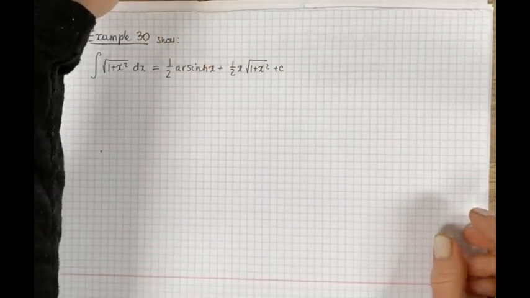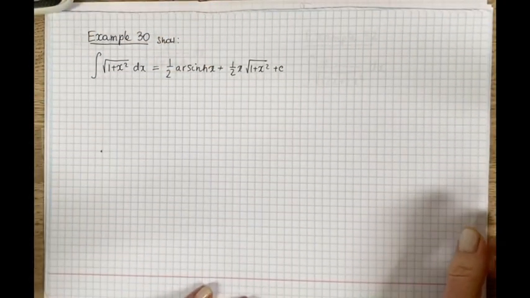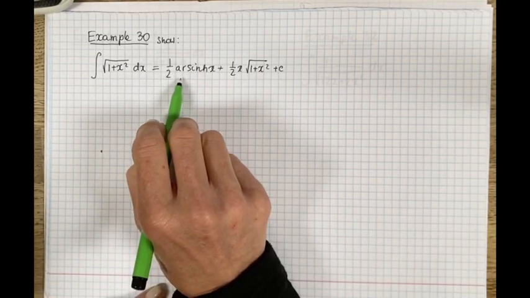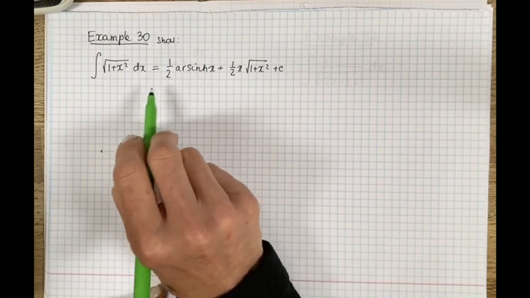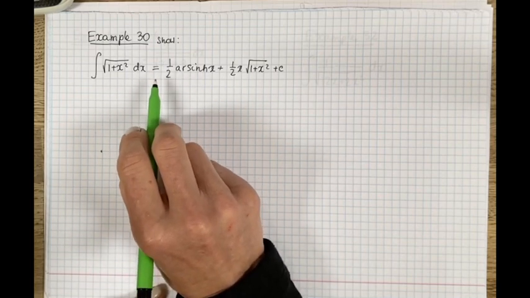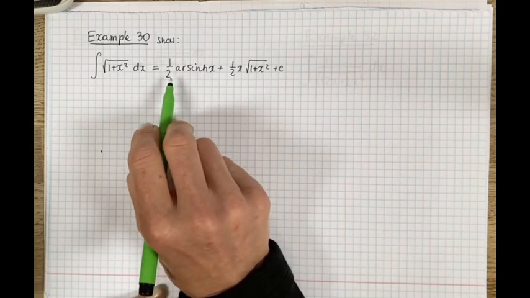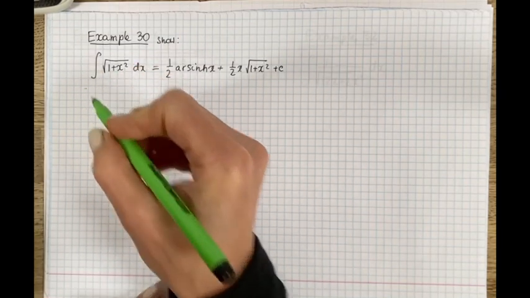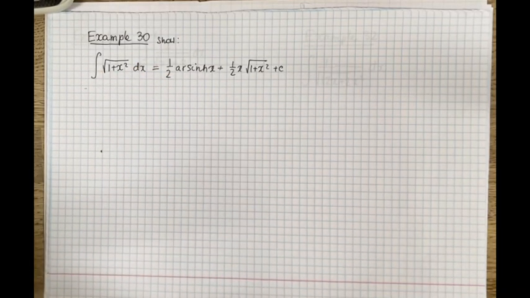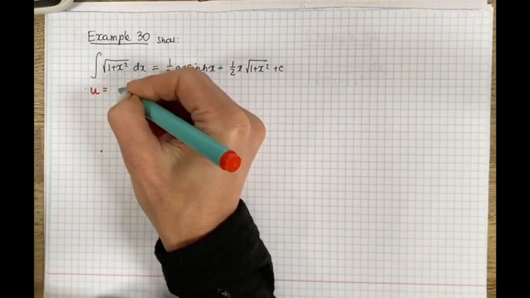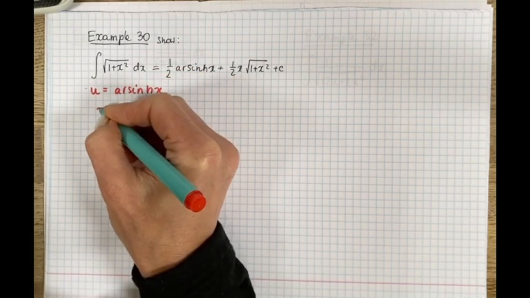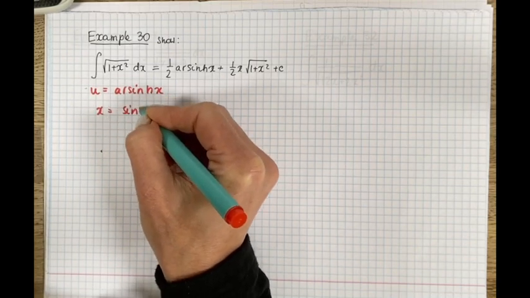Okay, so we've got example 30. We've got to show that the following integrates to this one. It doesn't give you any hints as to what method to use, so you just need to practice it, and you can see the arsinh. So I'm going to try the substitution u equals arsinh x, which gives me x is equal to sinh u.